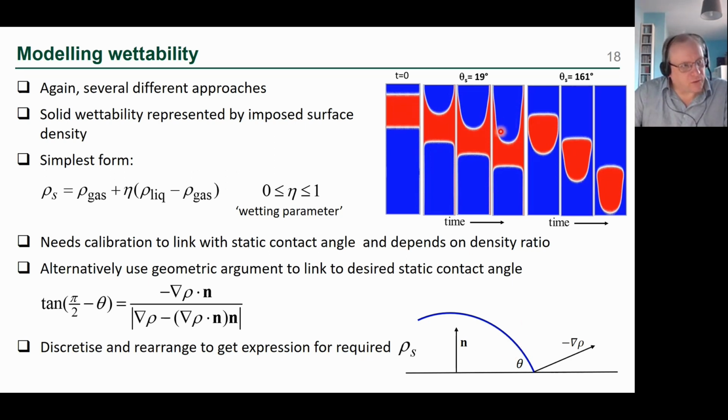You can see the white bit here is the interface. So you can see that it's not a sharp interface. It changes quite rapidly but smoothly between the two phases. And so you can use the gradient in the density to define a normal direction and then work out what the density on the solid needs to be to give you a certain contact angle.